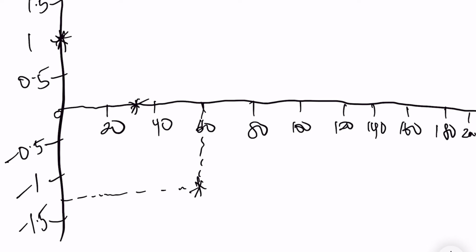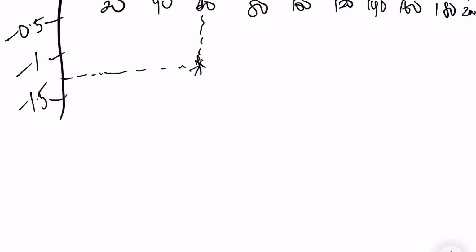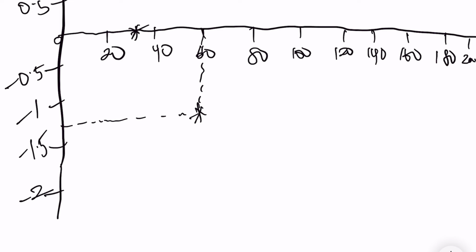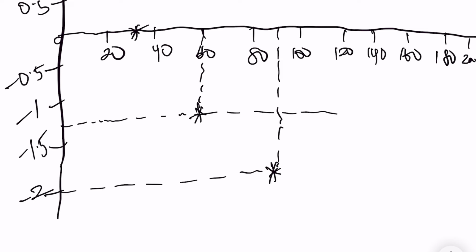At 90, we have it to be minus 2. So here we extend it to minus 2. At 120, we have it to be minus 1.37. At 150, we have it to be 0.